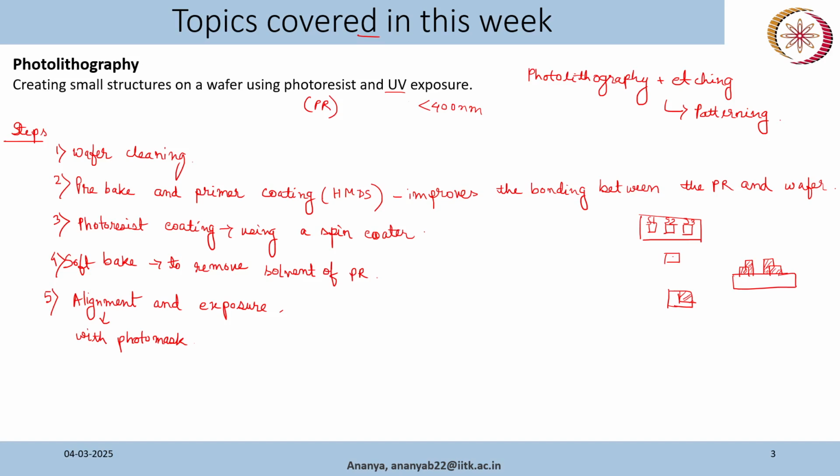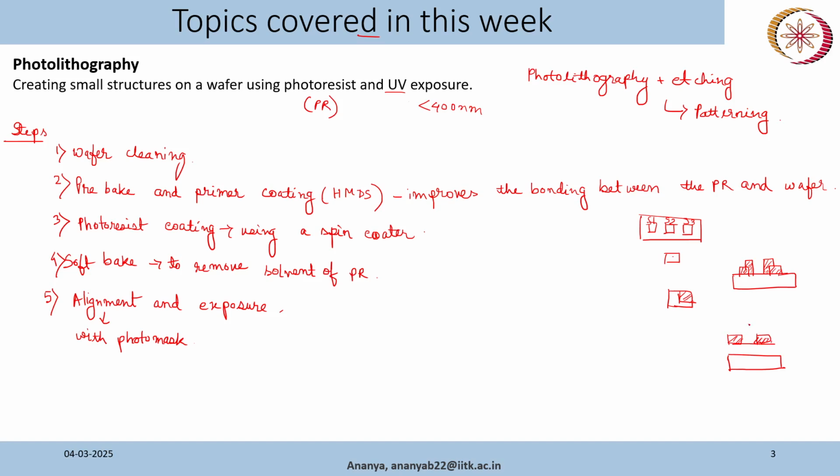And before exposure you will make good contact between your wafer and the mask. The reason is that if there is a gap, light may leak from this side. So if this is your wafer, of course photoresist is coated on top of it, and this is your mask, okay, so this is the dark region.